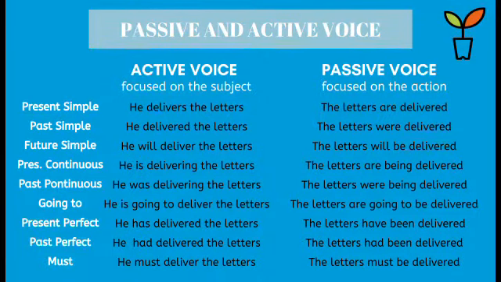You can take a look at the table you see here with the active voice and passive voice. You have especially the present simple, past simple, future simple, present continuous, going to, present perfect, infinitive, modals. So you have every possible option shown here. You see only the verb to be is changing.